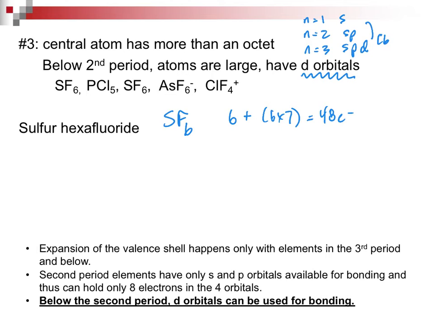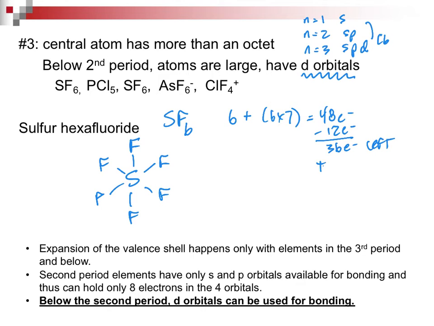We normally only put like 8 electrons around an atom, but sulfur is an exception because this molecule does exist. It uses 6 times 2, which is equal to 12 electrons, just to go around the central atom, and it has 36 electrons left.